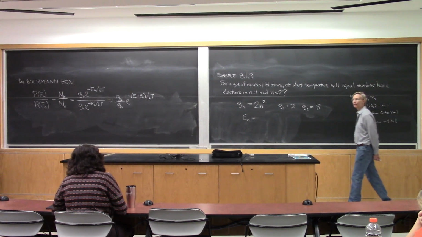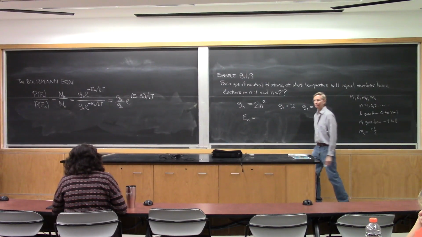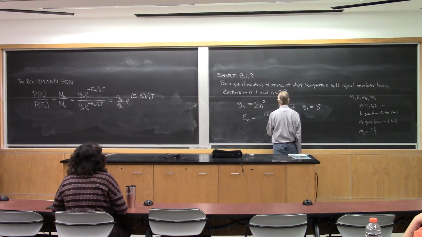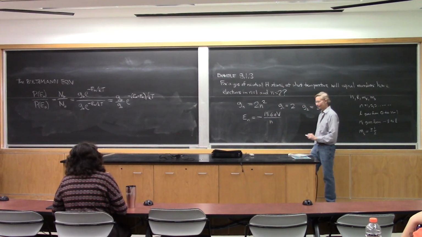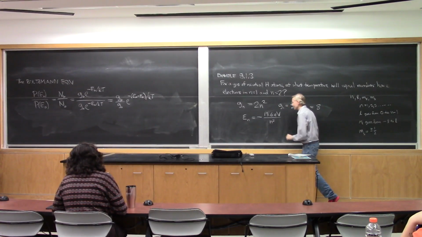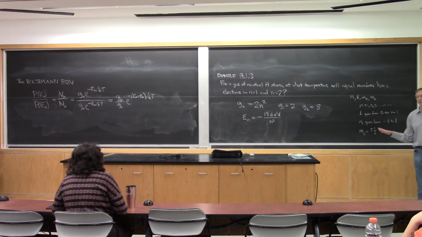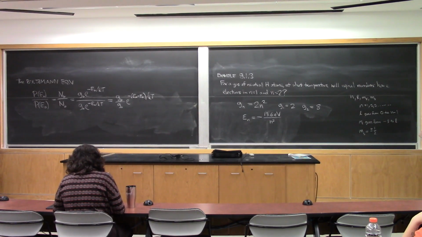No, minus 13.6 electron volts over n squared. You should just know that result because it shows up all the time. So E sub n is minus 13.6 electron volts over n squared for hydrogen.